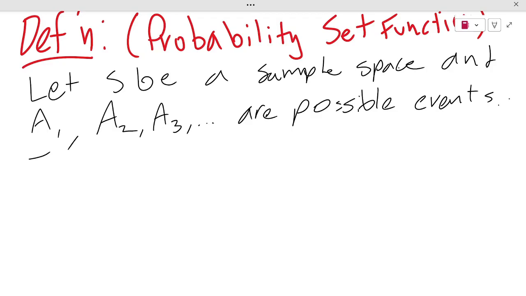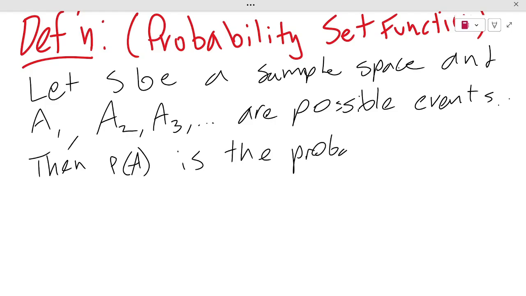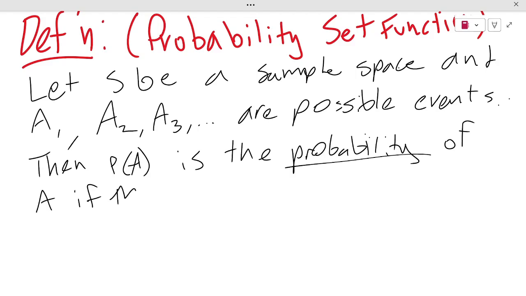So we say then P of A is the probability of A if the following hold true.